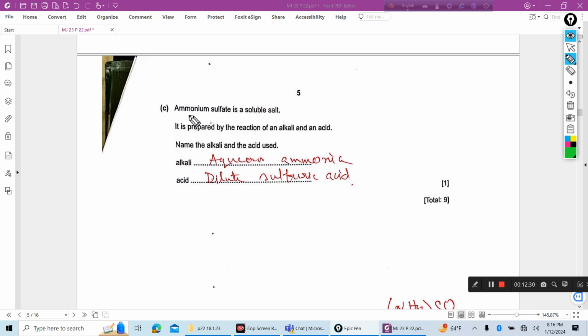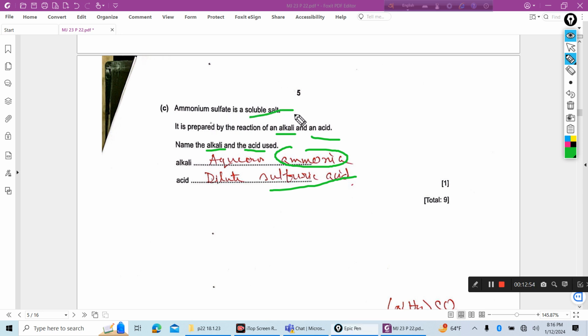Now ammonium sulfate is a soluble salt. It is prepared by the reaction of an alkali and an acid. Name the alkali: aqueous ammonia, and the acid: sulfuric acid. Aqueous ammonia reacts with sulfuric acid to produce ammonium sulfate.